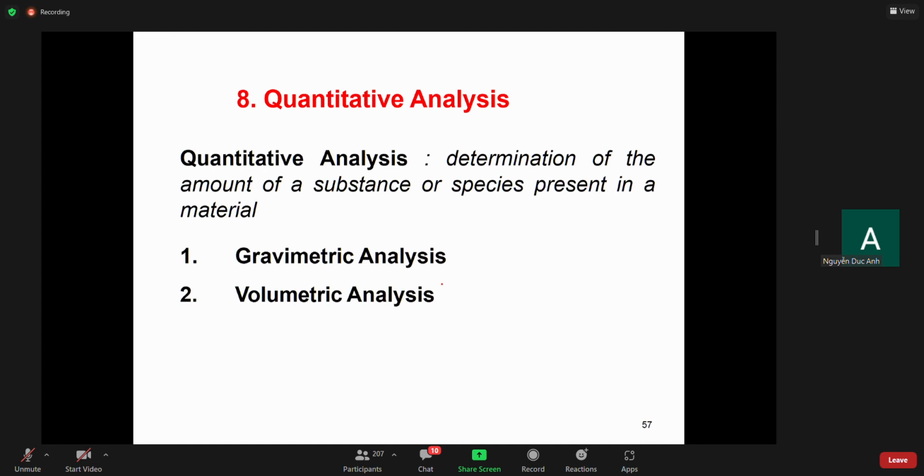Gravimetric analysis is the determination of the amount of substance in grams, in mass, and volumetric analysis is the determination of the amount of substance in the material by using volume. Very simple.